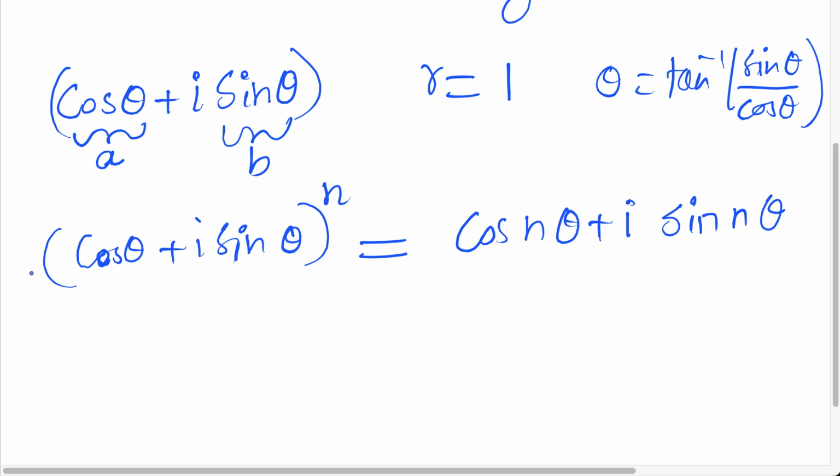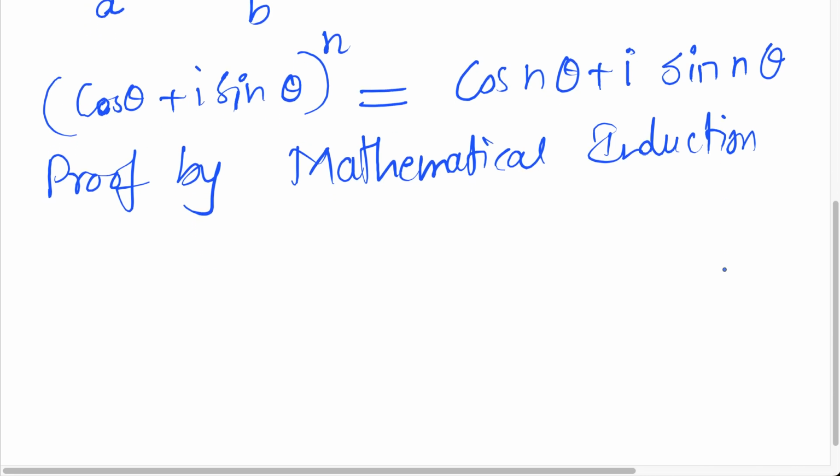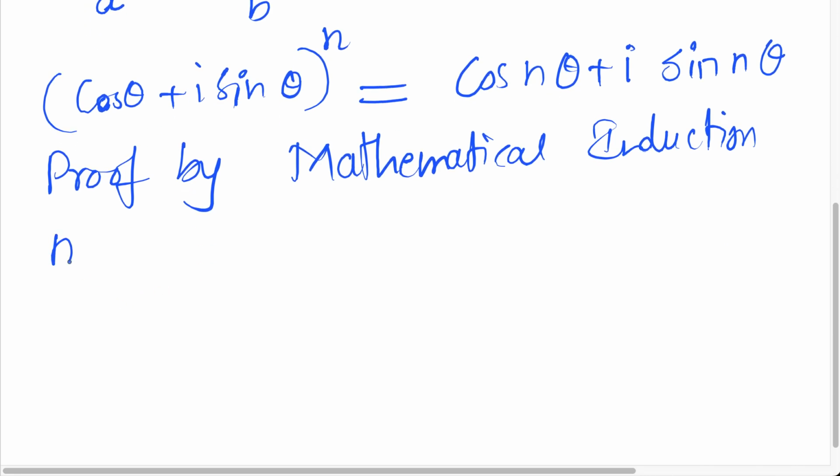I'll be using a proof by mathematical induction, because that's something we have done in unit 1, correct? So by now everybody is familiar with the process or the format of doing this proof, and so we will use that. So how do we do that? We start with n equal to 1 or 2 or any specific number, right?